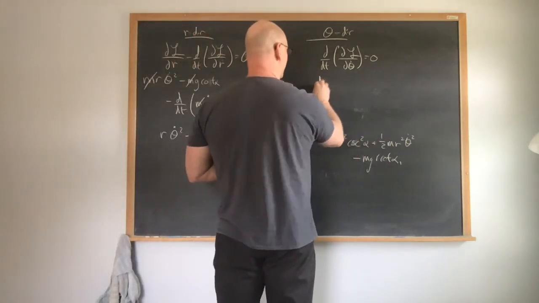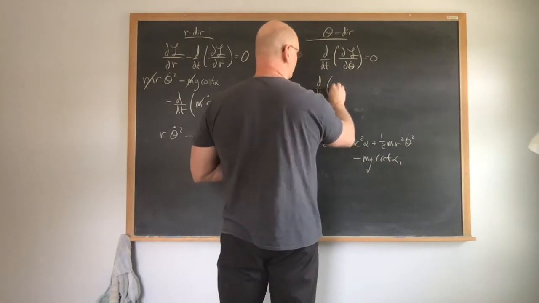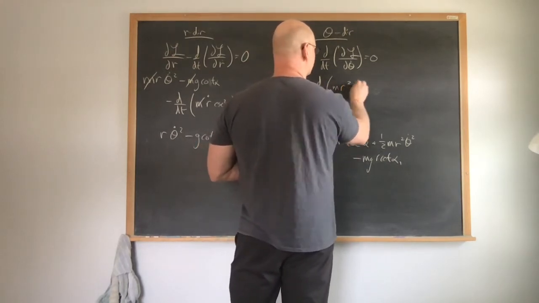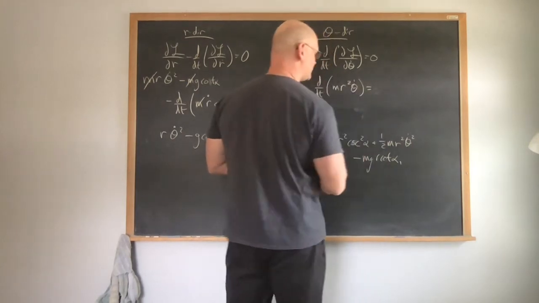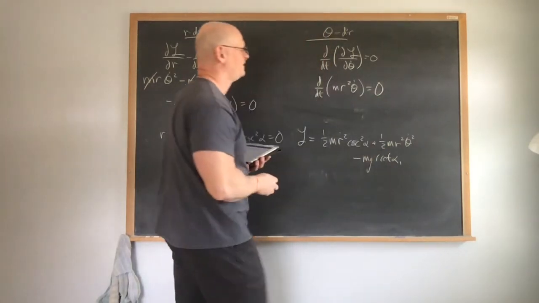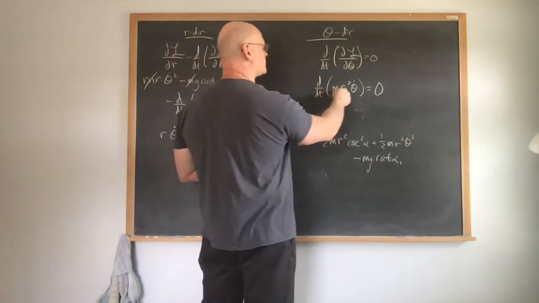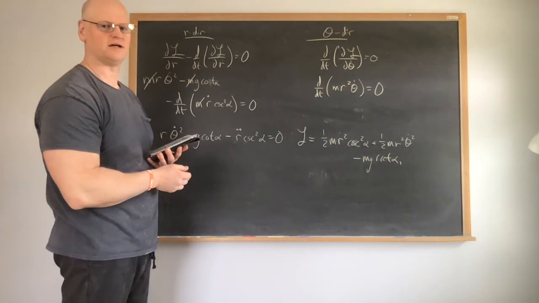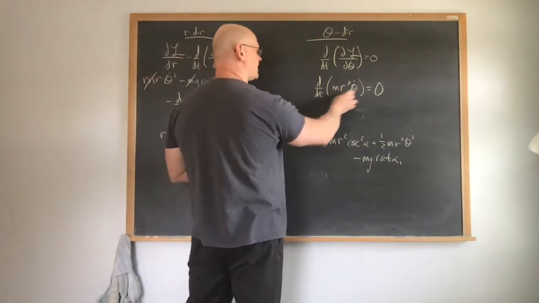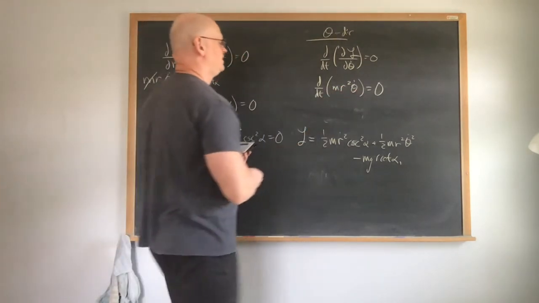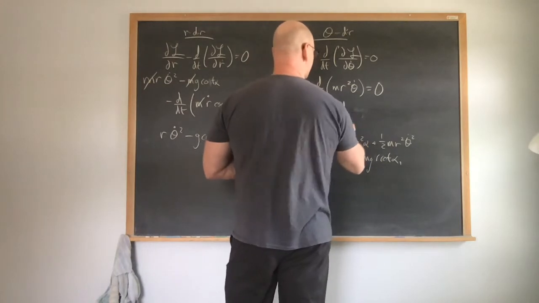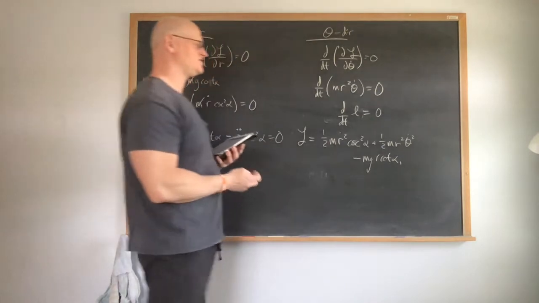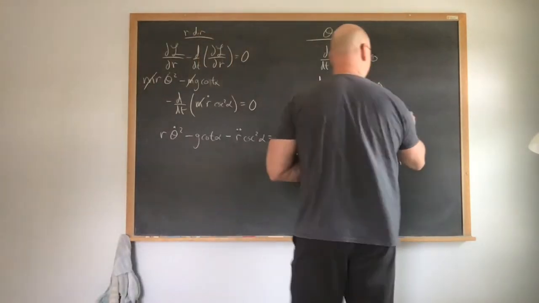So this says that the time rate of change of m r squared theta dot is simply equal to 0, but m r squared theta dot is simply the angular momentum. This is the moment of inertia times the angular velocity. So all this says is that the derivative of the angular momentum must be equal to 0, which is just conservation of angular momentum.